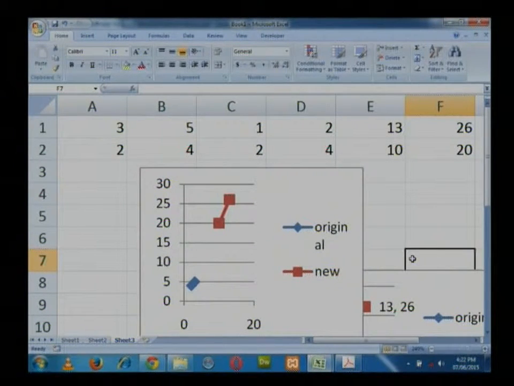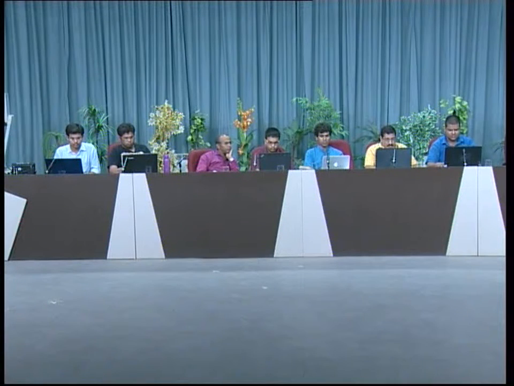So you see, earlier this line was a small line, and it has increased to a bigger size after multiplication. Comfortable with this? Here also you can change the values 0, 0, you can make all zeros.